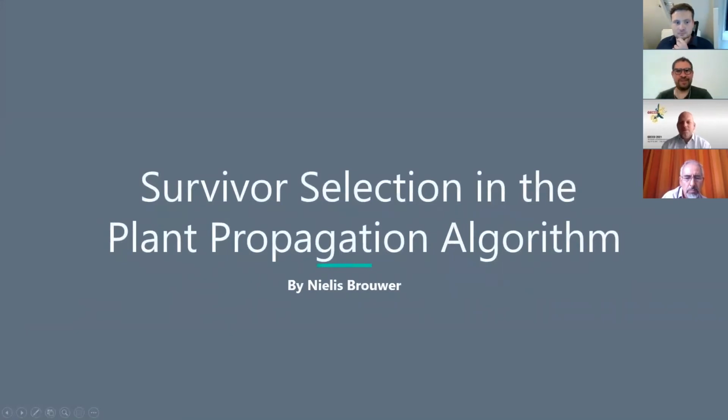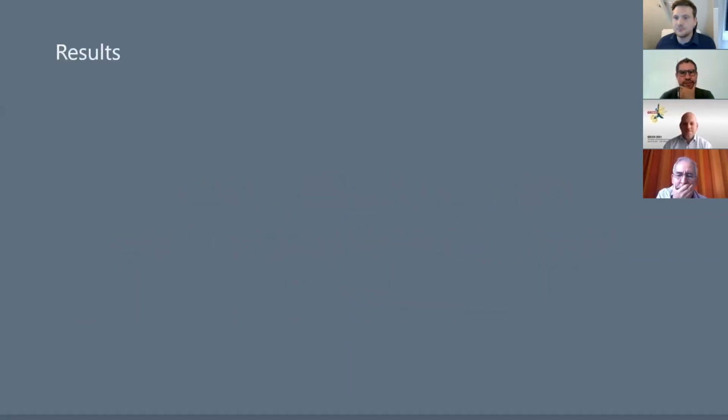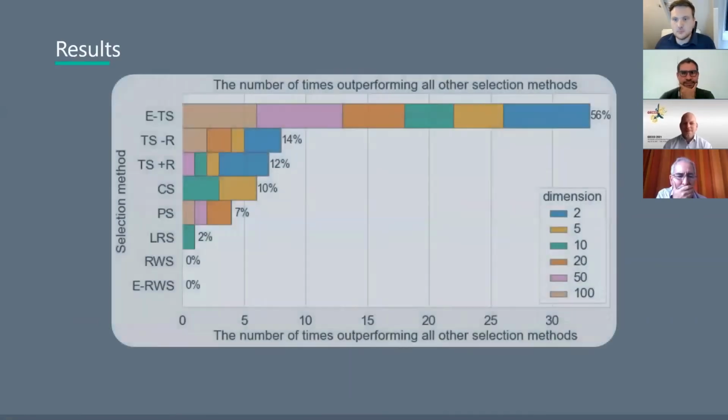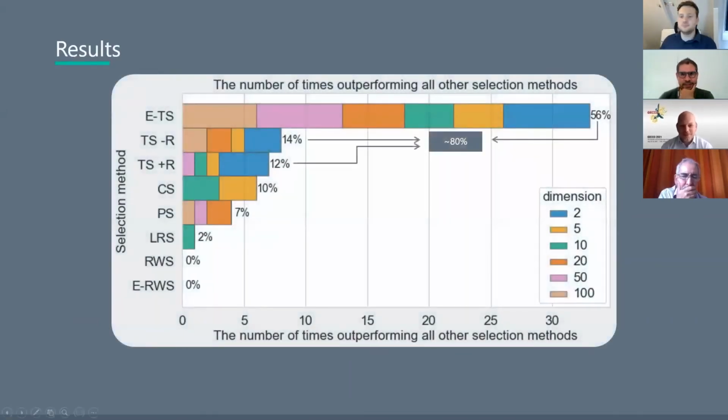Yeah. So I was wondering, can you show me again, Nilis, the slides where you show the functions and the percentage of how the ones outperform. Yeah, that one. So what I see in this plot is that for example the tournament selections cover all the dimensions, up to 100.